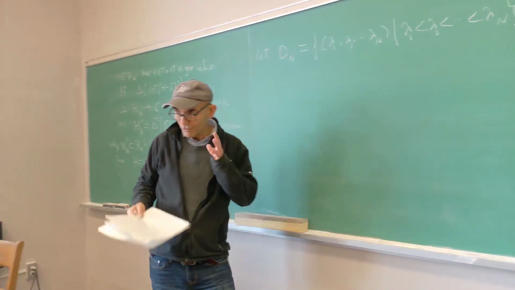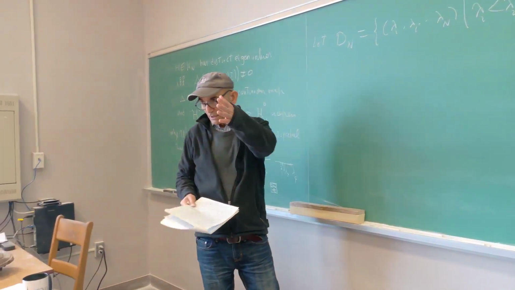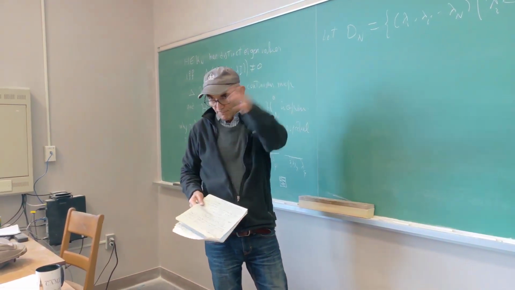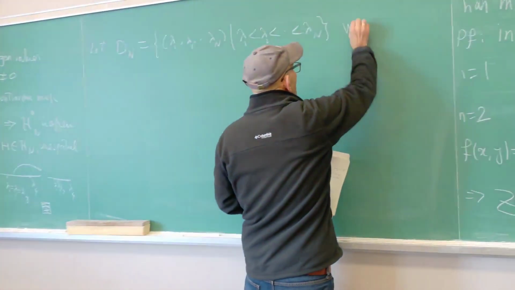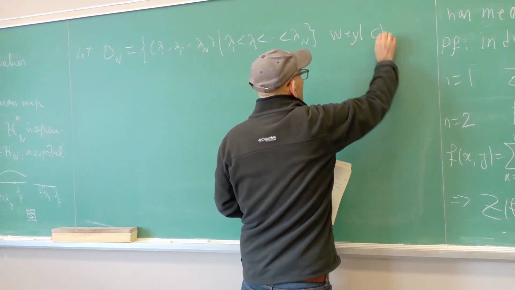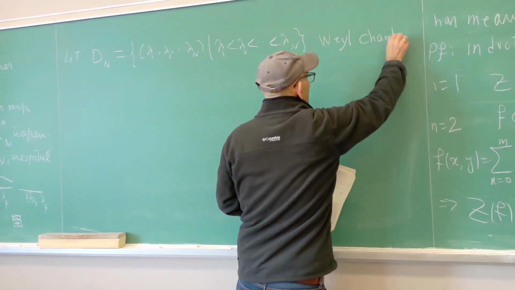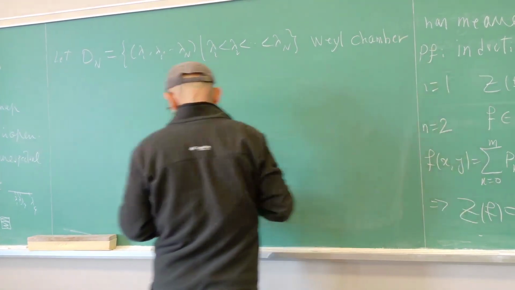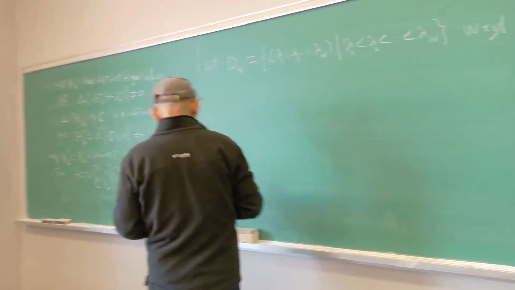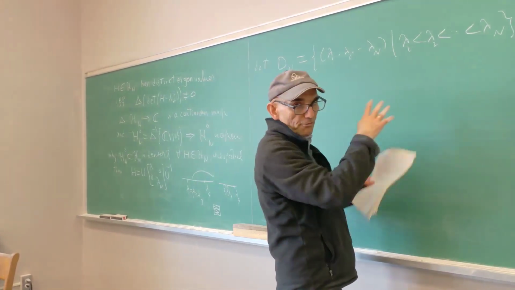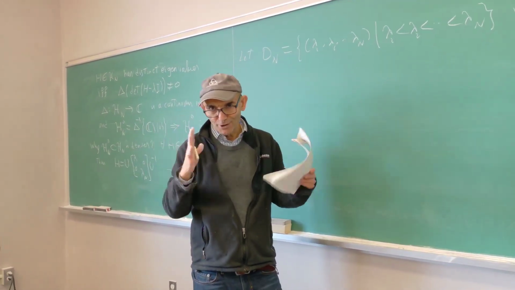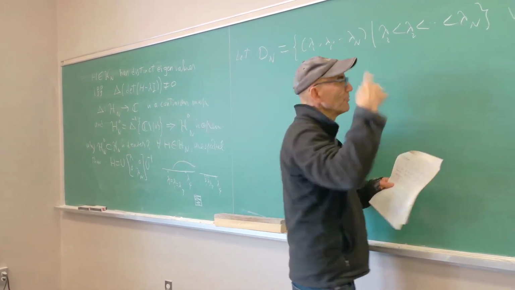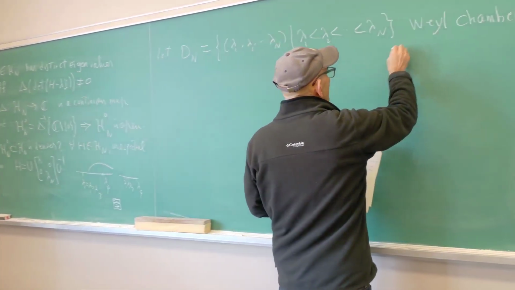So the set of all real numbers that are increasingly ordered. Sometimes this is called the Weyl chamber. Obviously this is an open subset of R^n, and it is like 1 over n factorial of R^n, except for degeneracies.